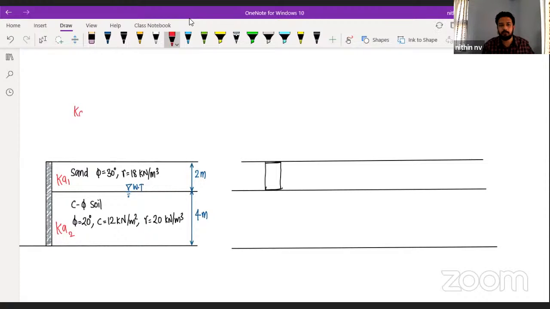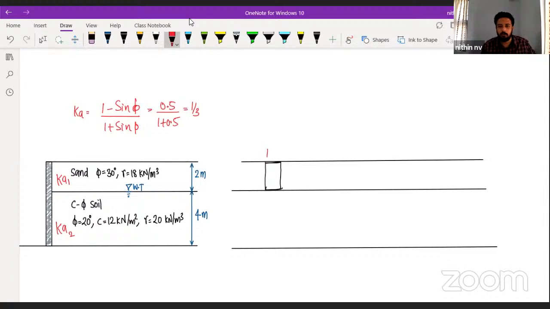What is the equation of Ka, active earth pressure? 1 minus sine phi divided by 1 plus sine phi. So for Ka1, it will be 1 minus sine 30 divided by 1 plus sine 30. I'm going to get 0.5 divided by 1 plus 0.5, 1 by 3.